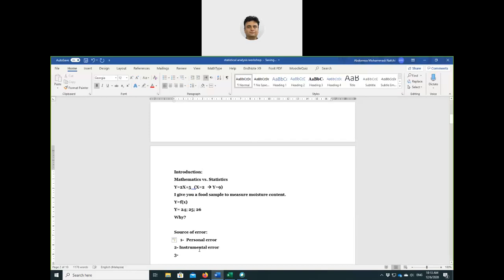For example, if I give you a sample to measure the moisture content, maybe one student will use the oven method, another student will use TGA, thermogravimetric analysis, or another student will use a different method, different equipment.